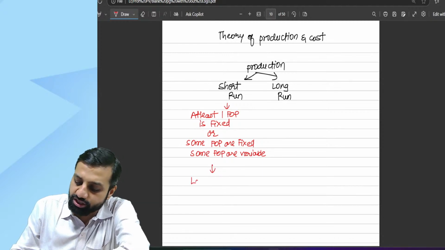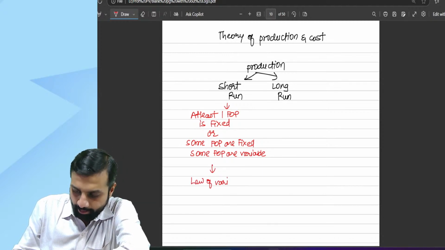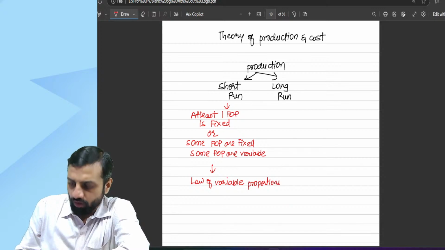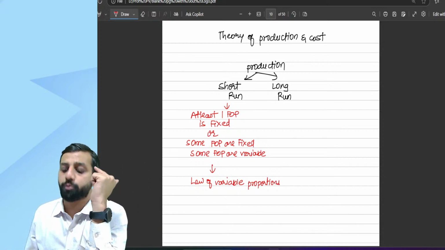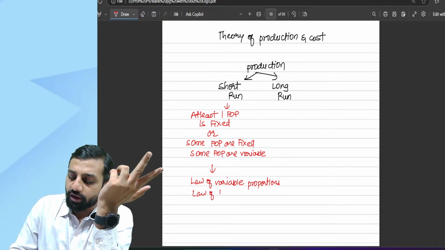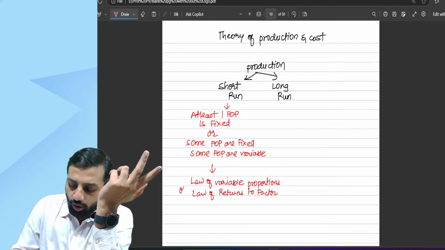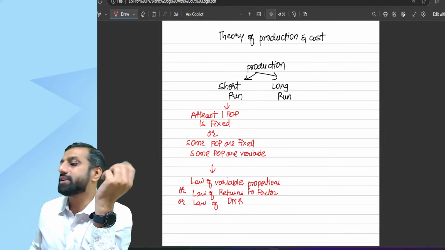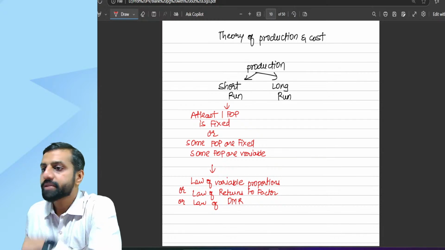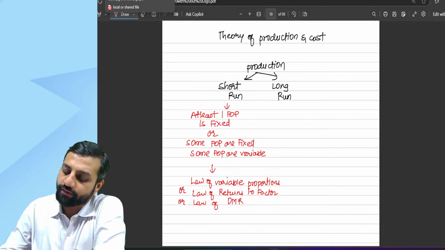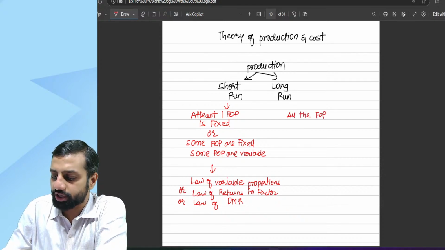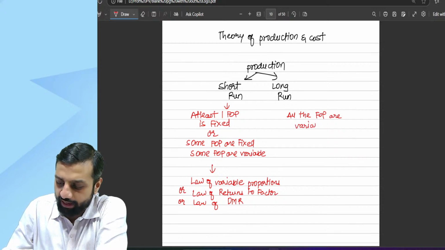And for this purpose, we study the law of variable proportions, also called the law of non-proportional output, also called the law of returns to factor, or the law of diminishing marginal returns. Yes or no? Now when we talk about long run, in the long run, all the factors of production are variable.